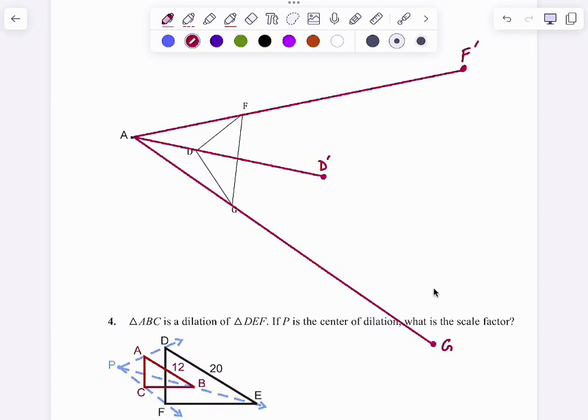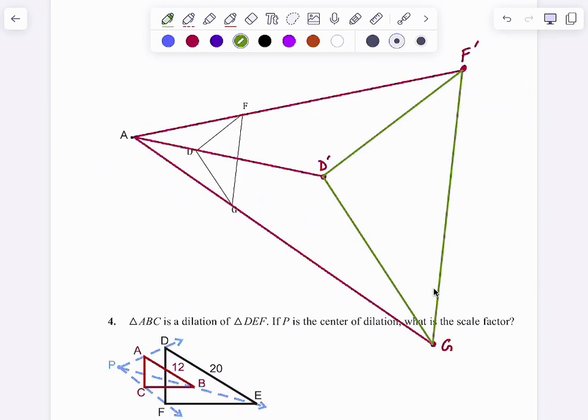So I didn't measure the lengths of the sides of that triangle. What I did is I went out from A by a scale factor of 3. And then I connect the dots here, and then I get this new triangle.